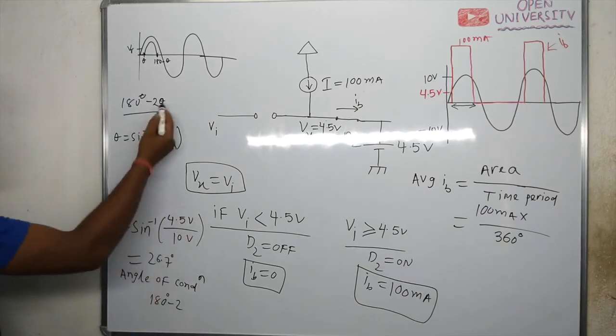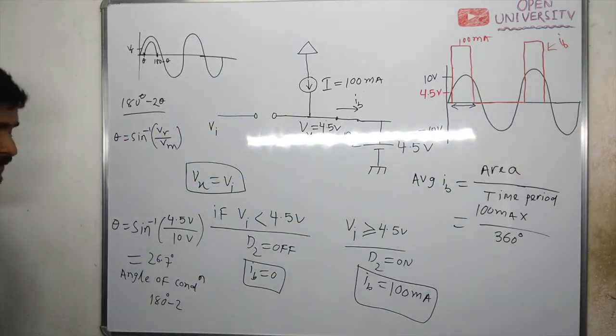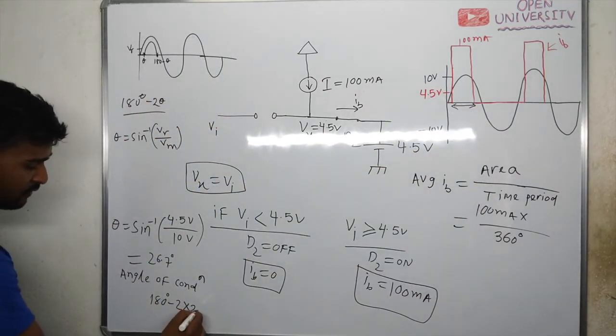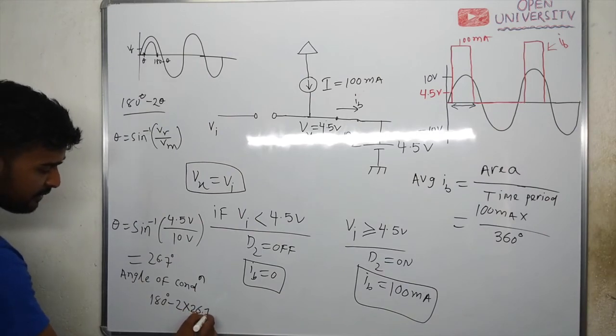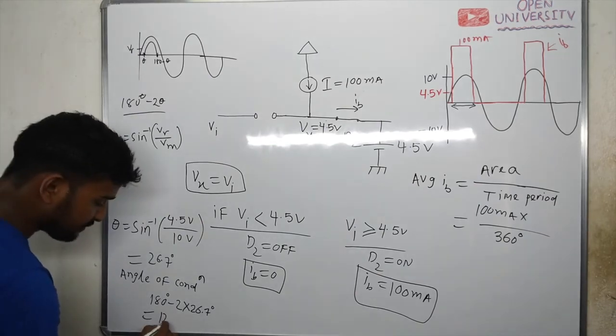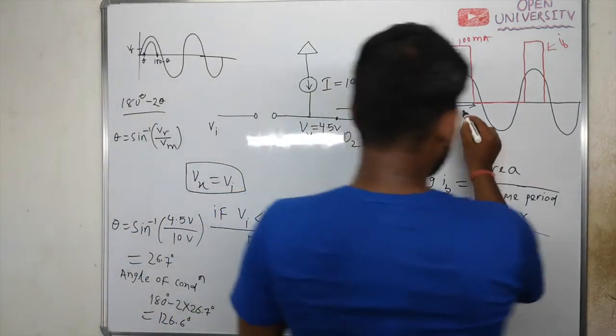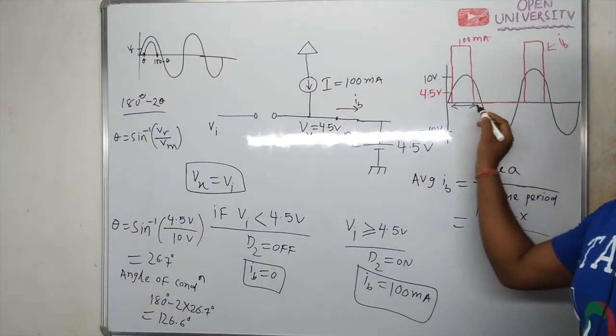With theta as 26.7 degree, this interval will be 126.6 degree.